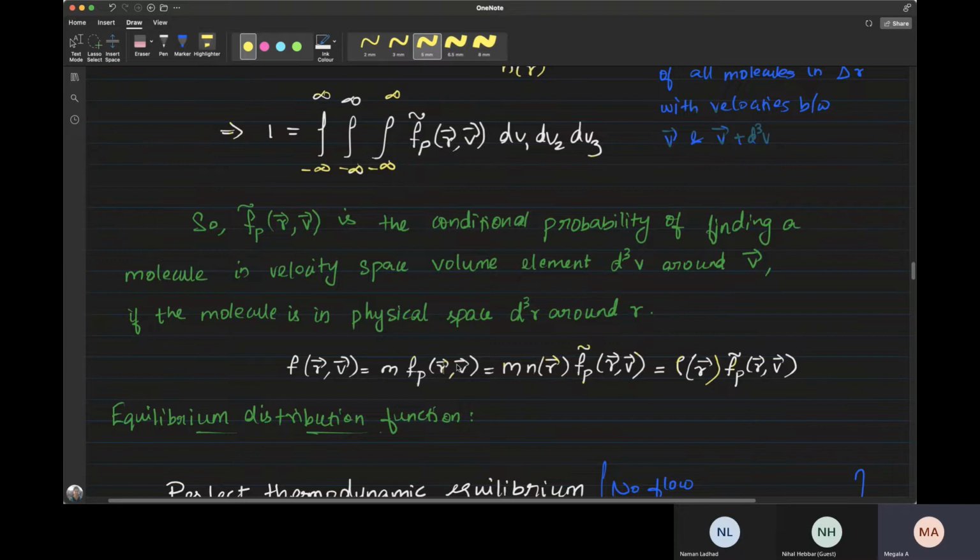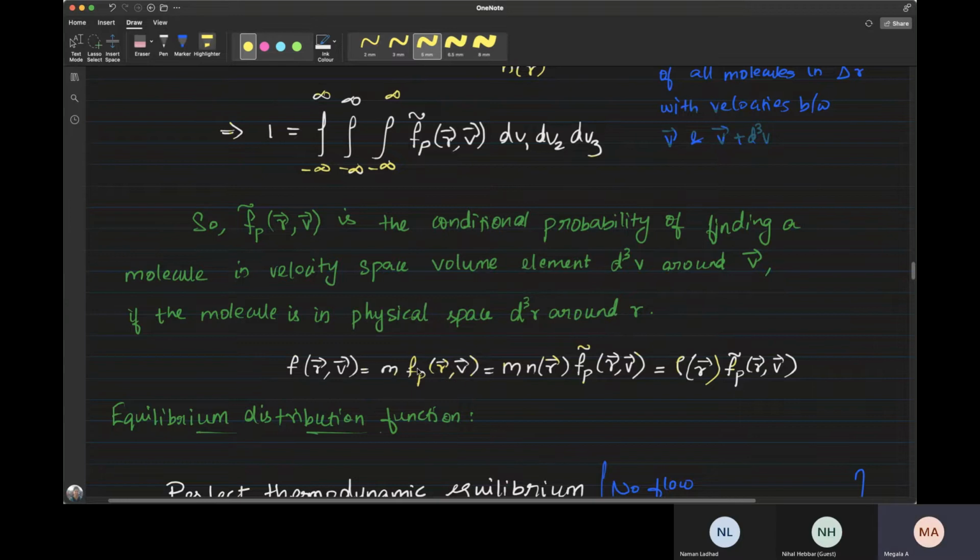So basically all of F, Fp and Fp tilde represent the same thing but with different kind of normalization, I would say. Fp is basically the phase space density, the number density in phase space.